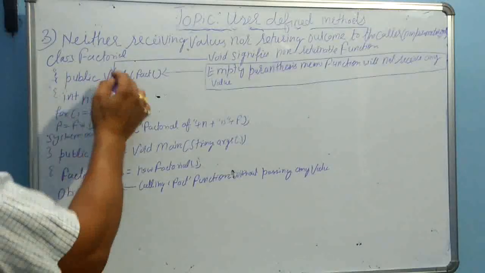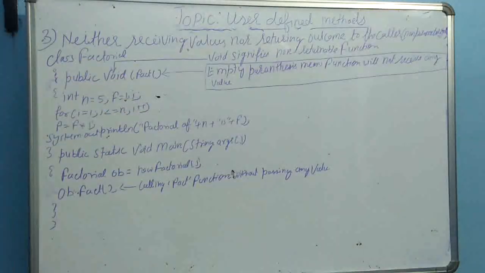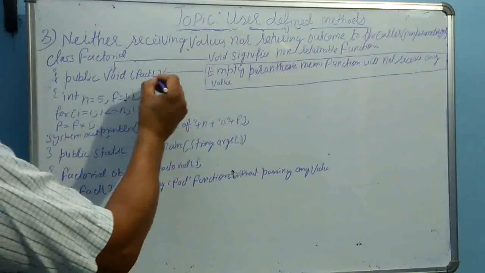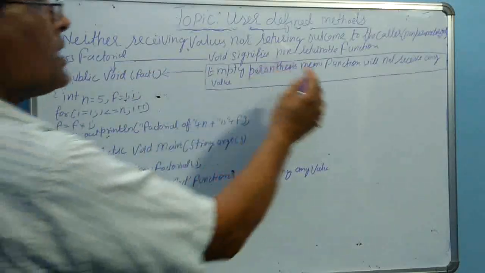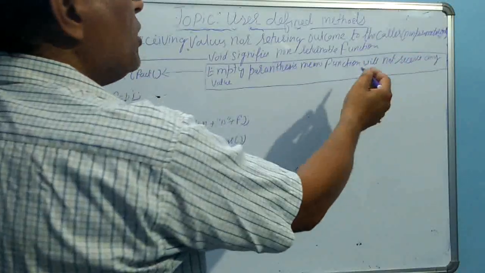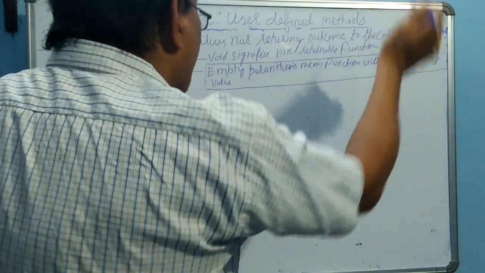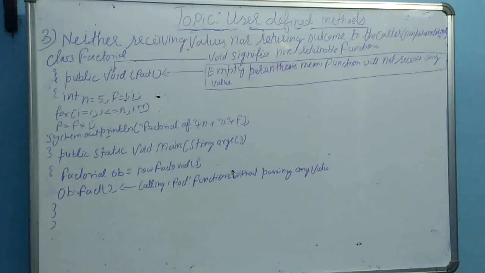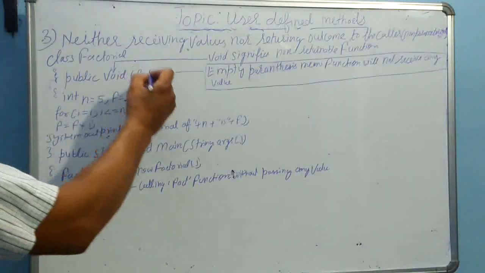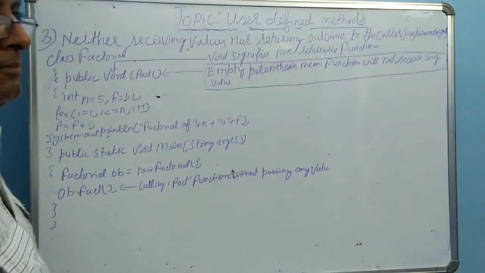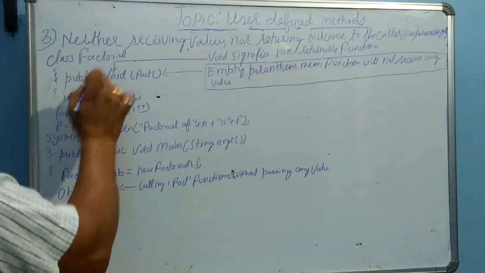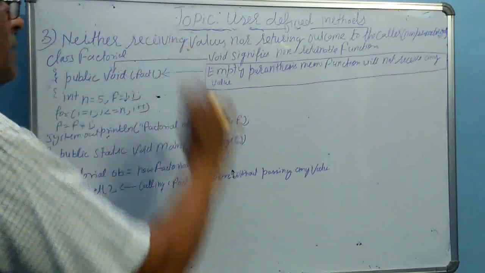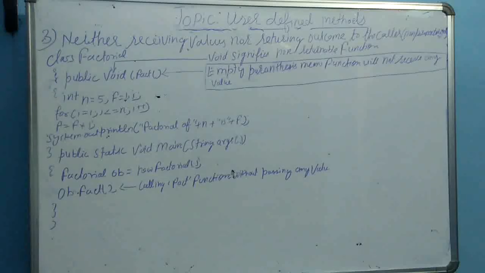And this is the empty parenthesis, meaning the function will not receive any value. In other ways you are seeing the x, but in this way only the blank, empty.